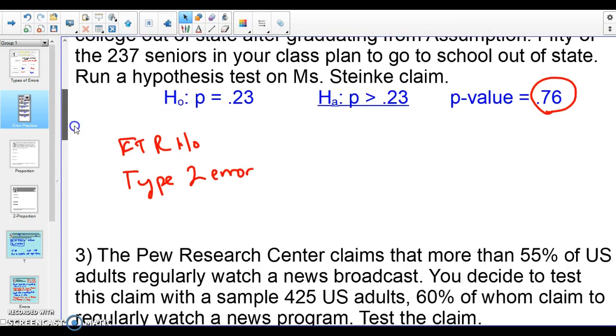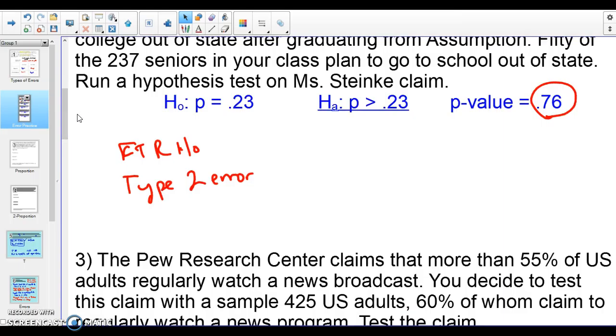Okay. Next one, we have, once again, we're saying that the Steinke is wrong, which could be a possible consequence.